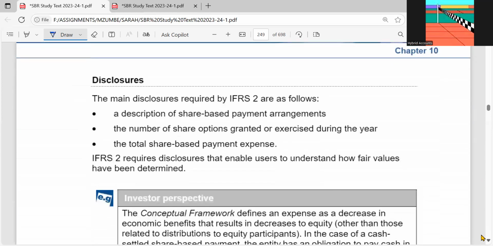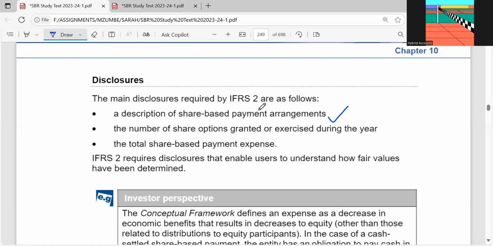And so you have the other disclosures. Disclosures is just keeping something open, and explaining all that, because it is even shown in the financial statements, the income statement and statement of financial position. But there are additional ones. The main disclosures required by IFRS 2 are: you should describe the share-based payment arrangement, whether it's cash settled, equity settled, or maybe a hybrid transaction.